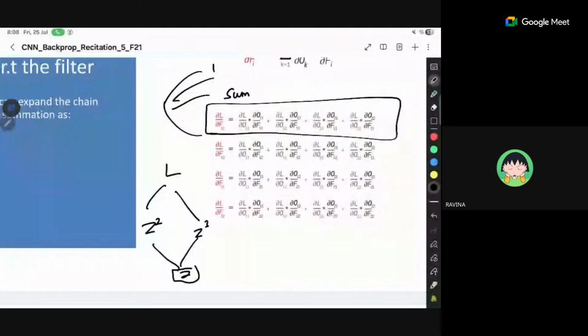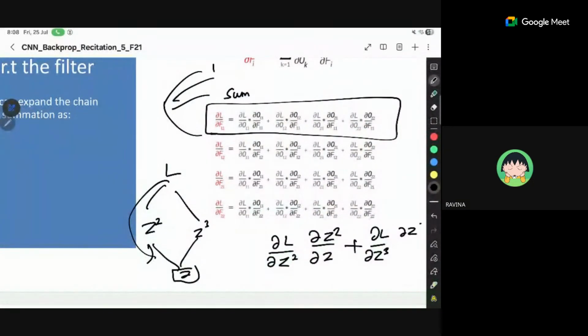So how can you do this? You can do z square and then z square with respect to z. So this is one path, and another path is z cube, and then z cube we are going to do with respect to z. So that's why you can find out multiple paths and you have to sum them. That's how the gradient is being calculated.